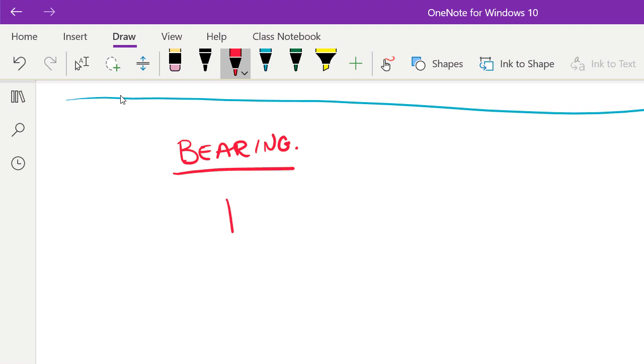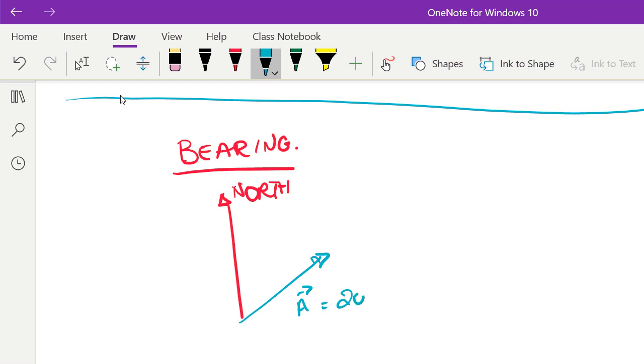So usually we think that north is up. Okay, and if we have a vector that looks like this, vector A, with a magnitude, let's say 20 meters per second, then the bearing will be the angle between north and the vector, measured clockwise.